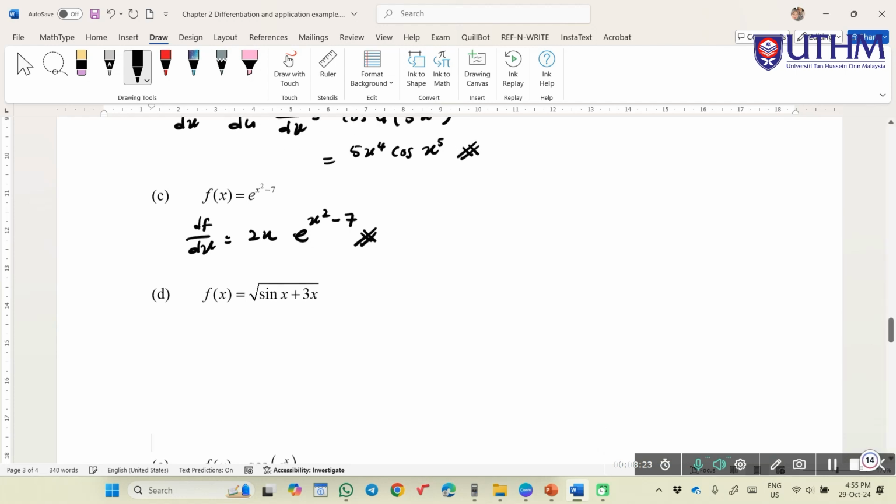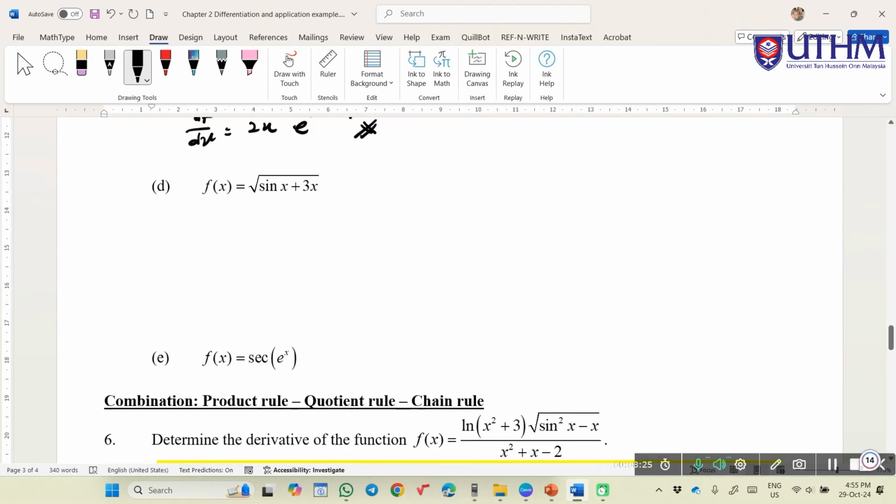The next one is the sine. For this one, what is f(u)? I will change the square root to power of 1 over 2, so this becomes u power of 1 over 2, where my u here is sin x plus 3x.